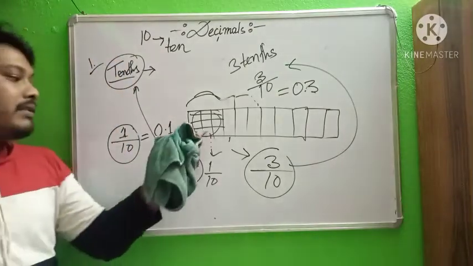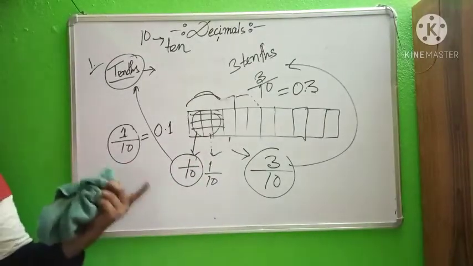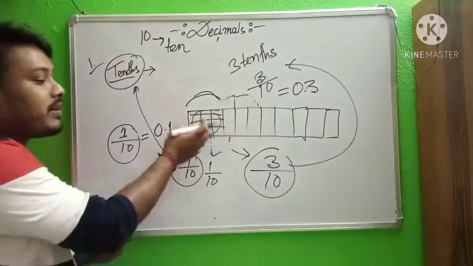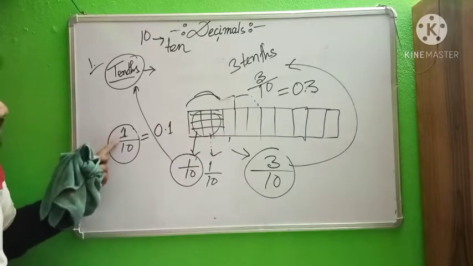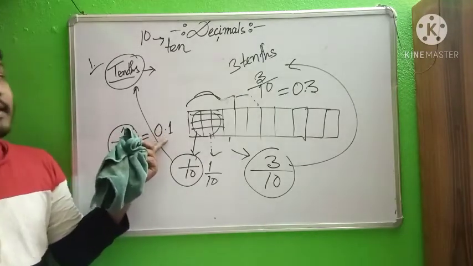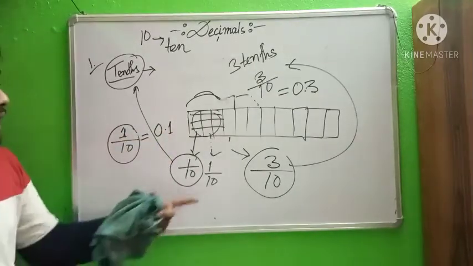So first we learned about tenth. Tenth means one part out of 10 parts, or when we divide a whole into 10 equal parts, each part is called a tenth. Tenth means 1 by 10, and in decimal it is written as 0.1. Here we discuss only denominators like 10, 100, 1000. When the numerator is 1, it is called one tenth, or tenth only.